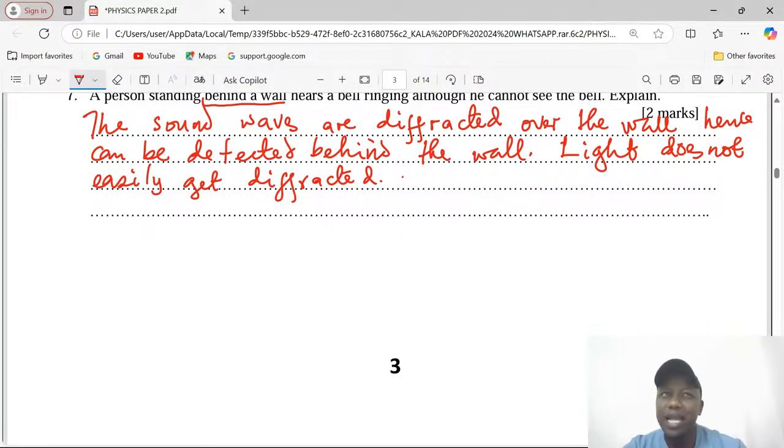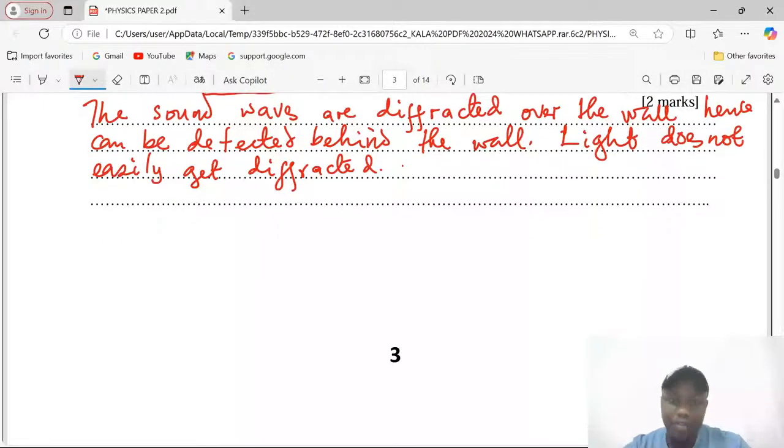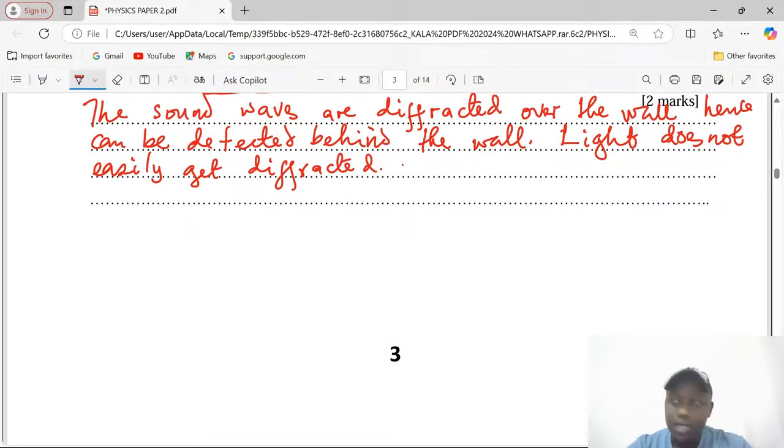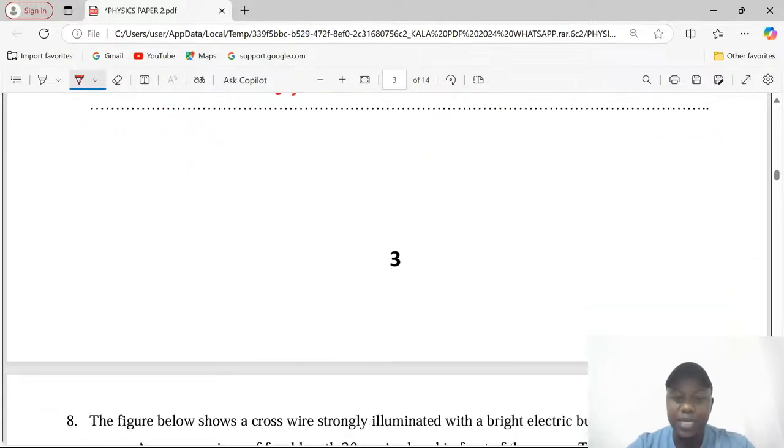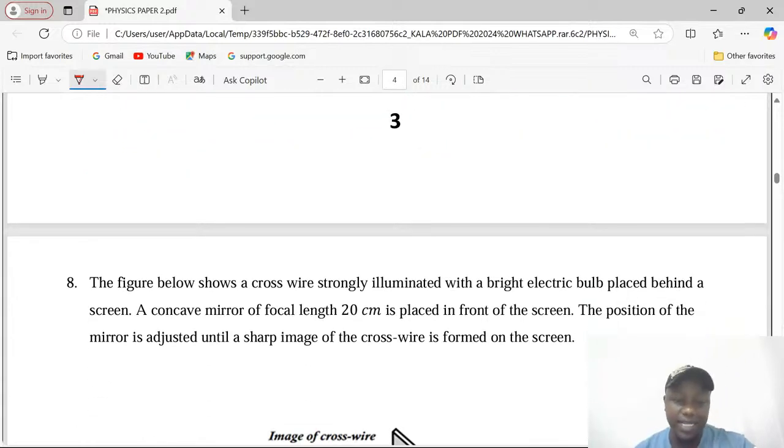You can see some light trying to emerge through such openings as though it is getting dispersed past the hole. But the point is that it is a rare scenario. Sound waves are frequently diffracted, so they can negotiate a barrier on their path and get perceived on the other side.